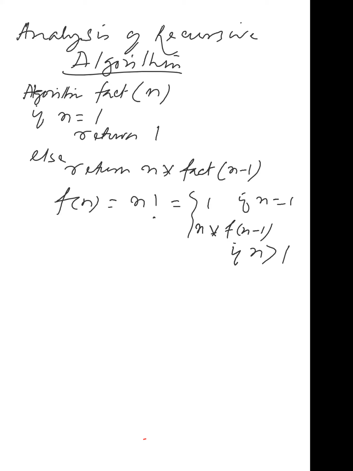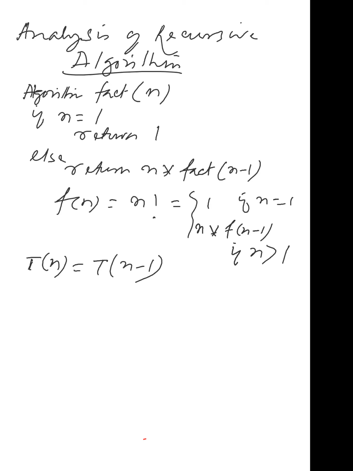Now how do you perform the complexity analysis, or the time complexity analysis of this algorithm? So the time complexity function, suppose it is denoted by T(n), is first how many times the factorial function is called. This is n minus 1 times f(n minus 1), so it is T(n minus 1).